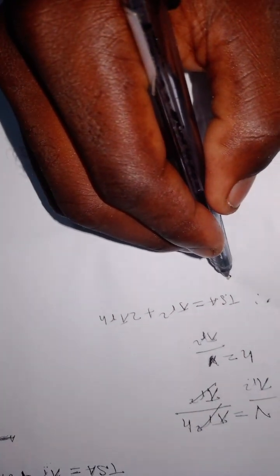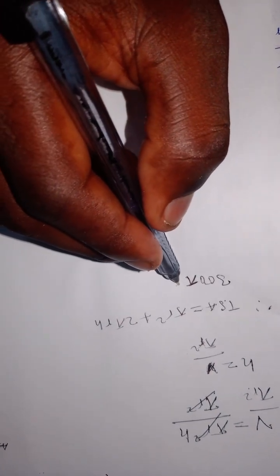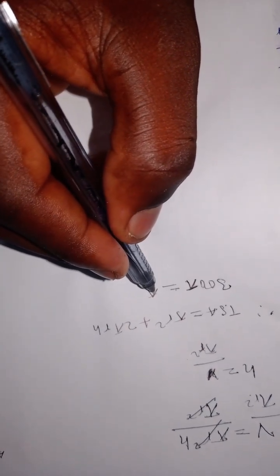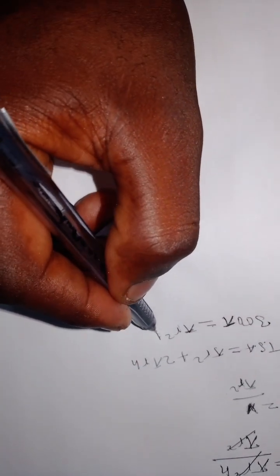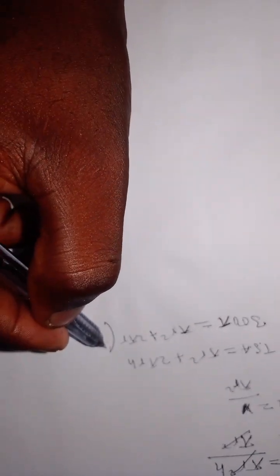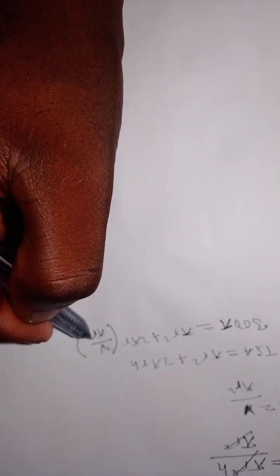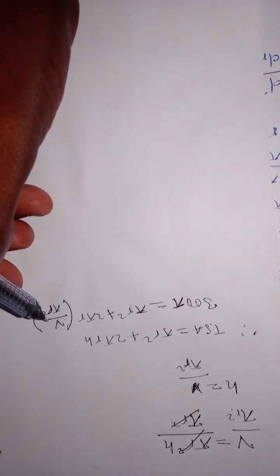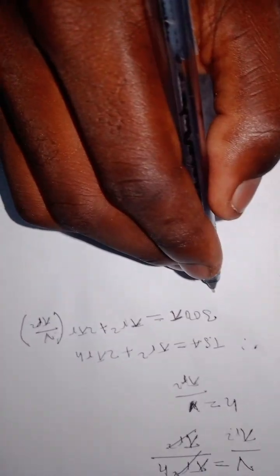So 300 pi is equal to pi r squared plus 2 pi r h. Now h is V over pi r squared, so where there is h, we put V over pi r squared. In that case, we are just going to simplify everything.